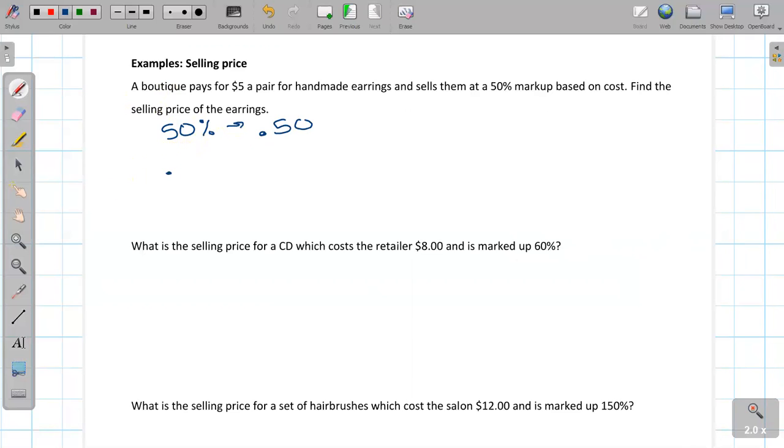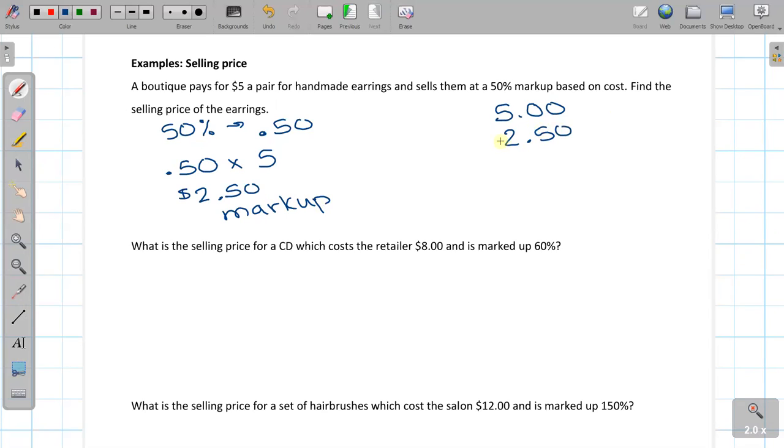We're going to take the percent, multiply it by how much they paid for it. So 0.50 times 5. That's a $2.50 markup. But we need to find the selling price. So we're going to take what it pays for, $5, add the markup. When you add that, you get $7.50.